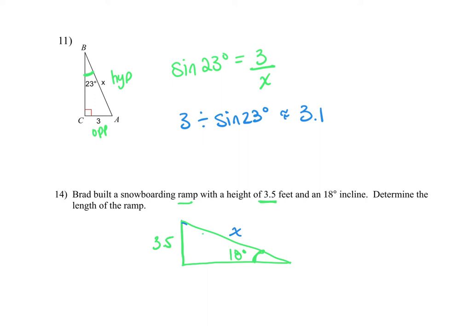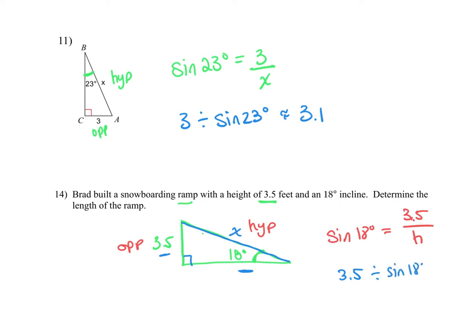Right, so if this is his ramp, and it goes up 3.5 feet at an incline of 18 degrees, they have given me a right triangle. So I'm going to label that right triangle. Opposite, hypotenuse. This is identical to the problem we just did. The sine of 18 should equal opposite over hypotenuse. My hypotenuse is on bottom, so I am going to divide. 3.5 divided by the sine of 18 degrees.